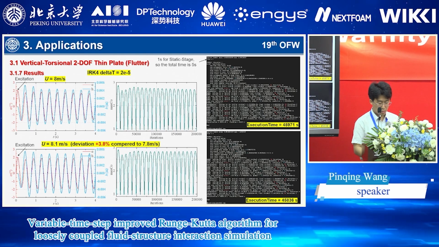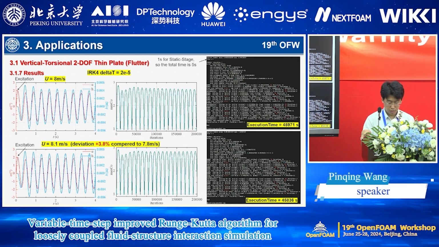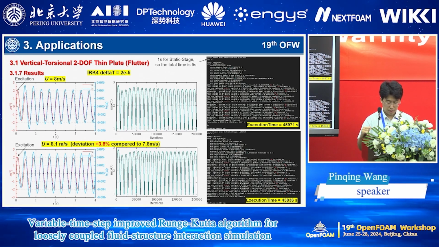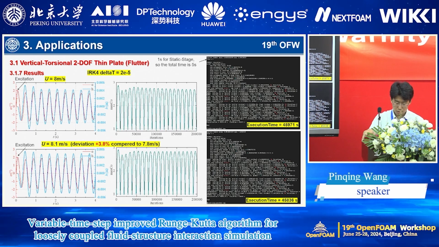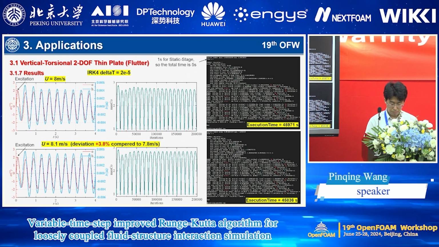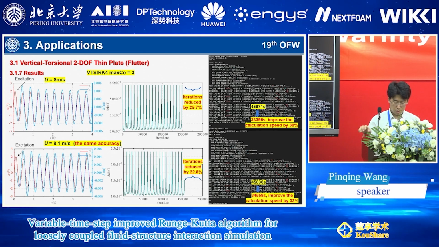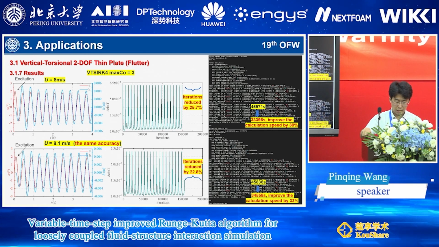The max Courant number increased due to the increase of the displacement amplitude. The total execution time is almost the same. In both cases the max Courant number is around 3. So this time we use the max Courant number of 3 to control the time step.